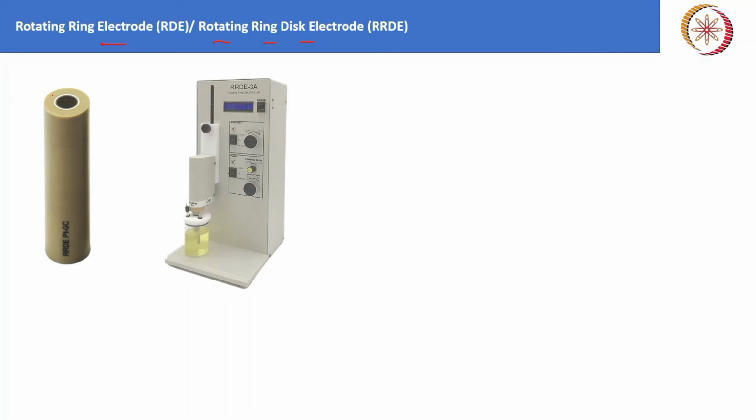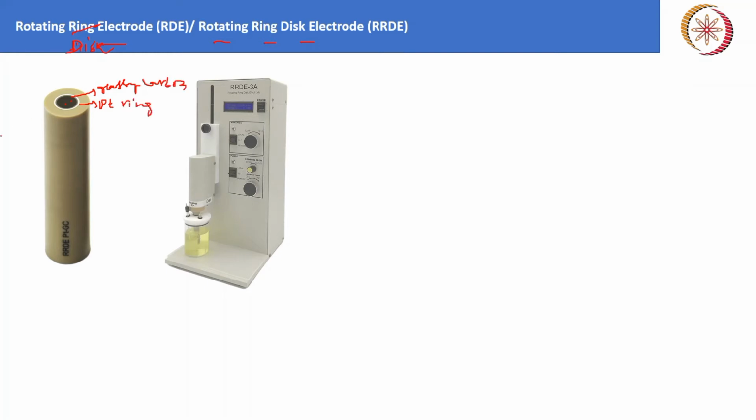Basically the rotating disc electrode is the black one, that is the disc, and the outer part is the platinum. So this is the glassy carbon disc, and this is the platinum ring.